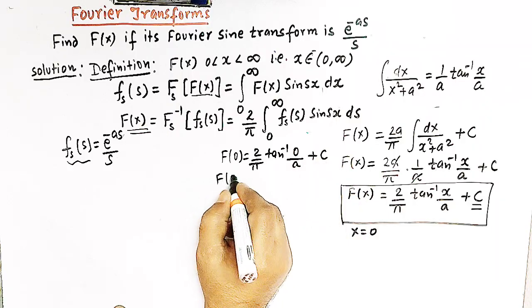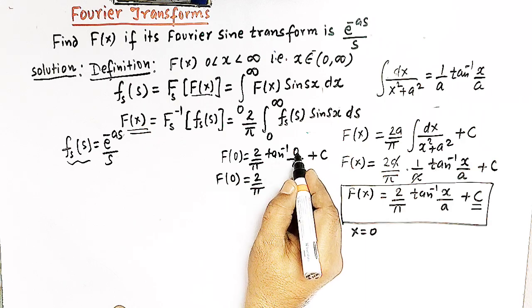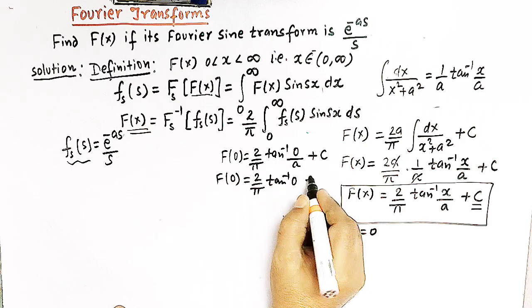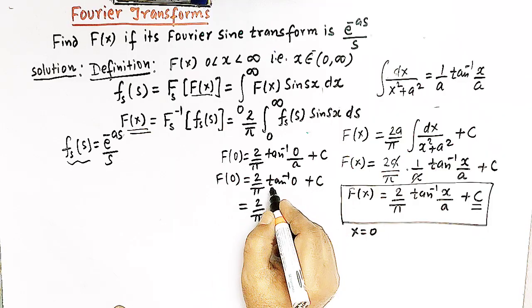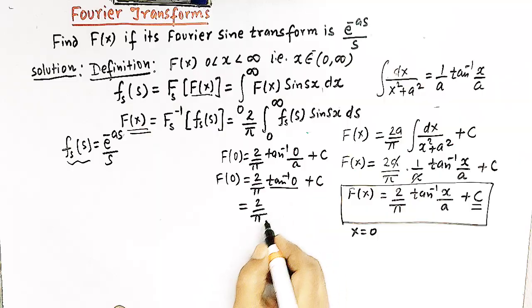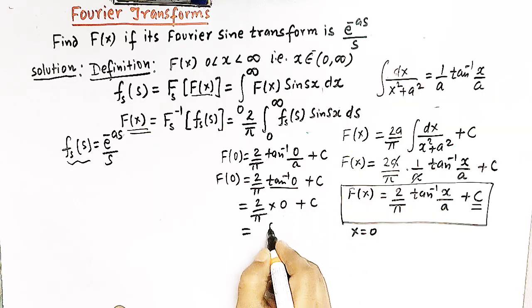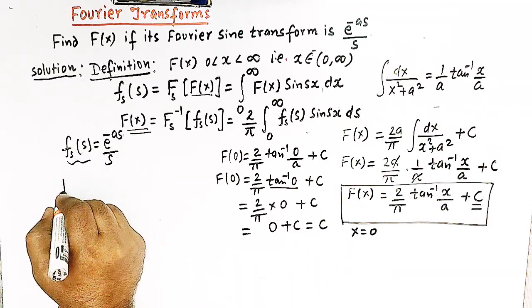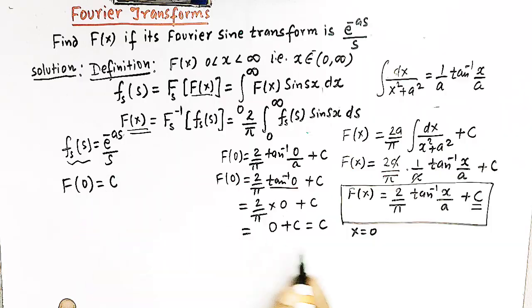So we have f of 0 is equal to 2 over pi. Tan inverse 0 over a is simply tan inverse 0 plus c, and the value of tan inverse 0 is 0, so this is 0 plus c, that is equal to c. So the value of f of 0 is equal to the constant of integration c.